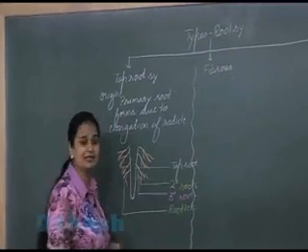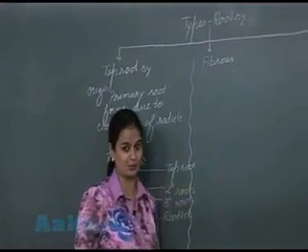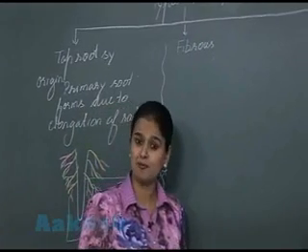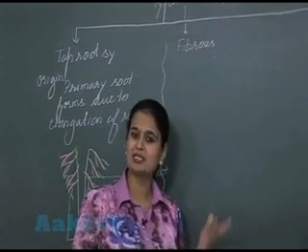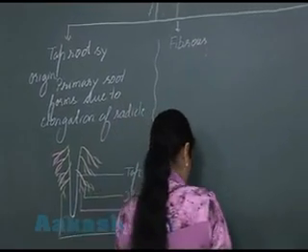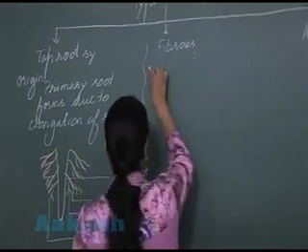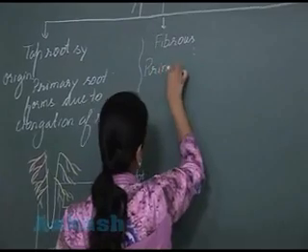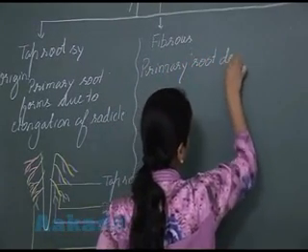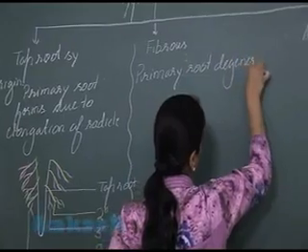Now coming to the second category, that is the fibrous one. In the fibrous one, the primary root is formed from the radicle, but this primary root will degenerate. Primary root बनी radicle से, but this primary root degenerates.